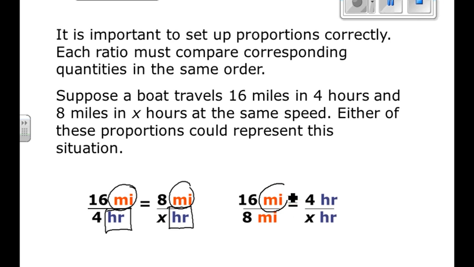In this one, they have miles on top in one and miles in the denominator of the other, and hours in the numerator and hours in the denominator of the other. Both of these proportions will solve the problem the same way, but you have to have them set up in one of these orders. We will probably use this one the most in class, but both ways will work.